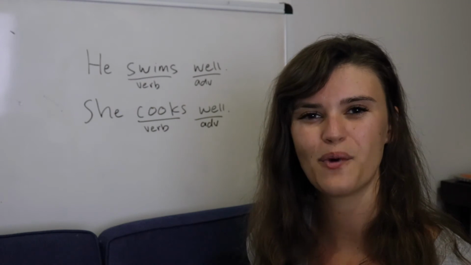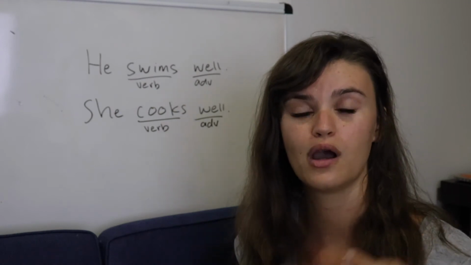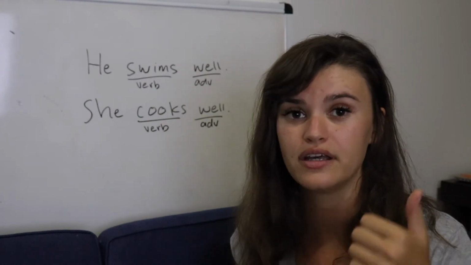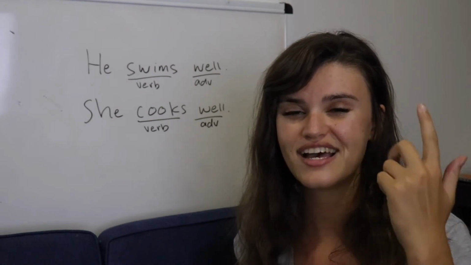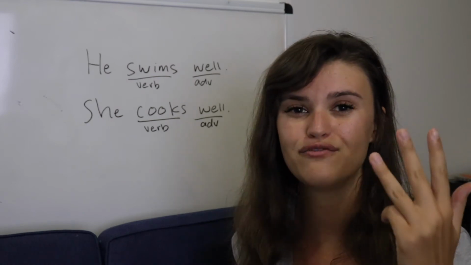Very good, everyone. Let's go over what a common noun, verb, adjective, and adverb are. A common noun describes an everyday object or place. Cell phone, book, TV, couch, beach.